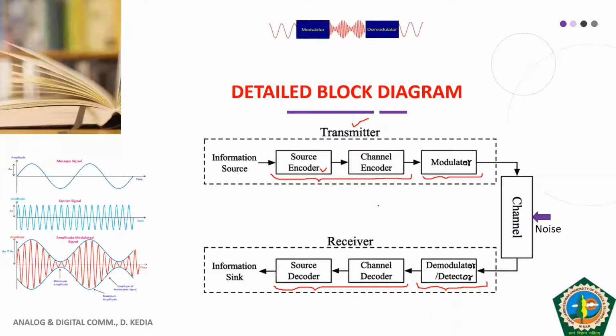See students, all of you understand communication in general. Our objective in an electrical communication system is to transmit information from one place to another place. Now if we have to transmit information from one place to another, we have to take care that our information reaches the receiver side in the best possible manner.